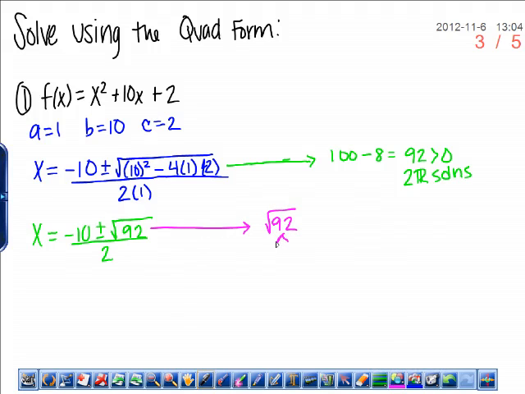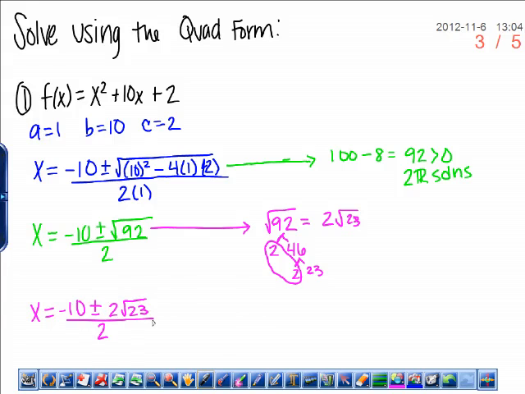I'm not so sure what goes into it, but I know 2 goes into it, right? So 2 and 46. And then what? 2 and 23. So I see a pair of 2's, which tells me what? 2 root 23. All right, so we have x equals negative 10 plus or minus 2 root 23 over 2.